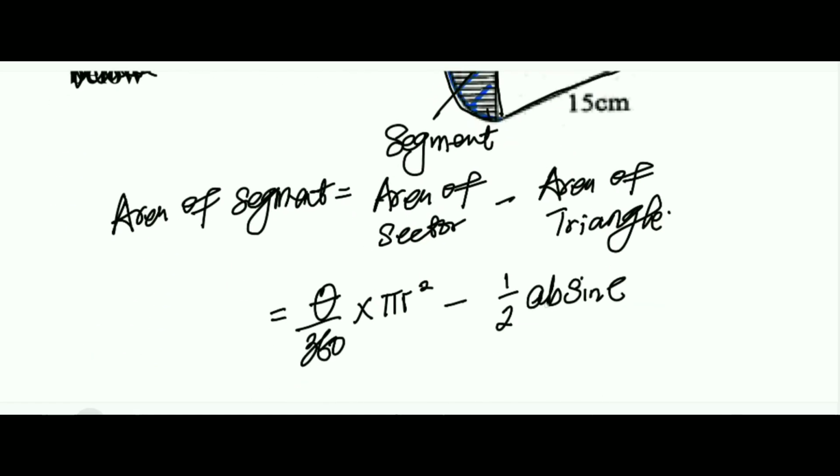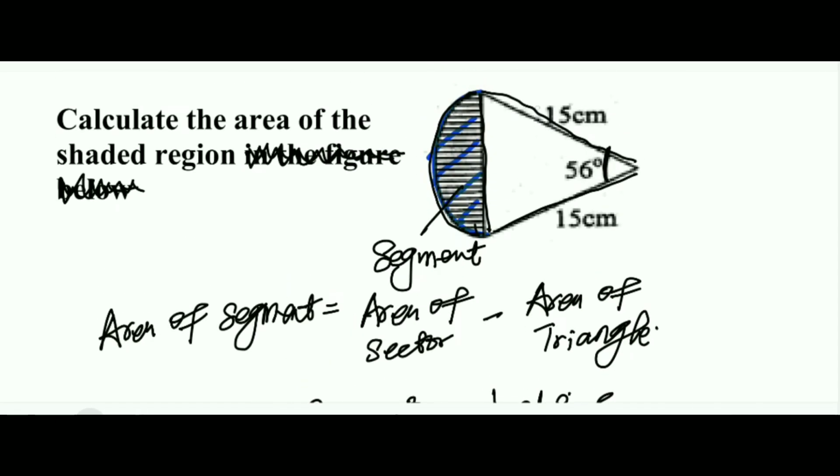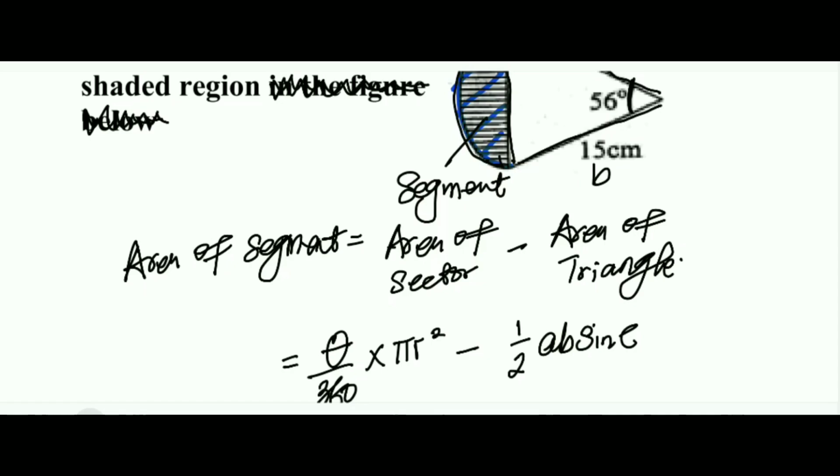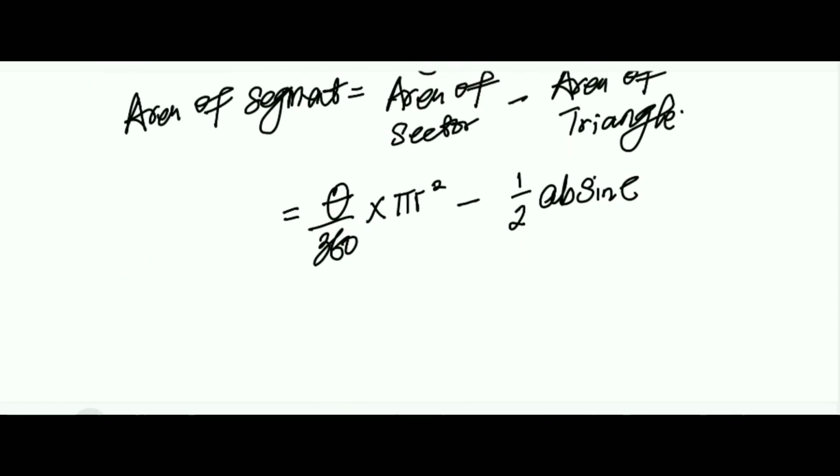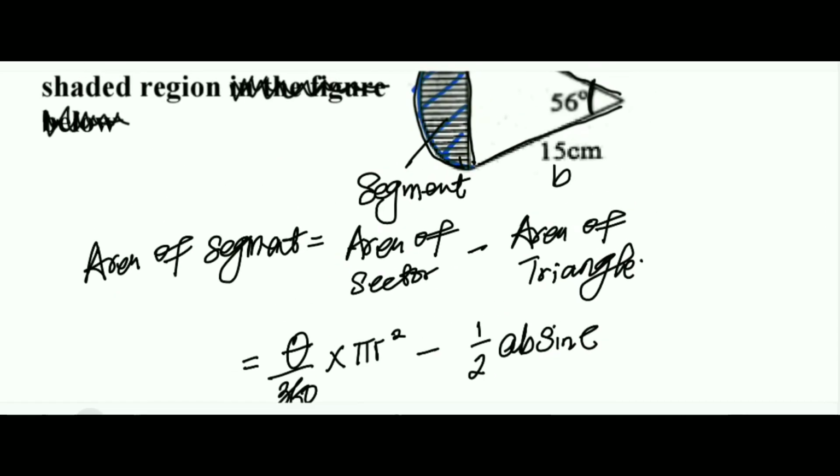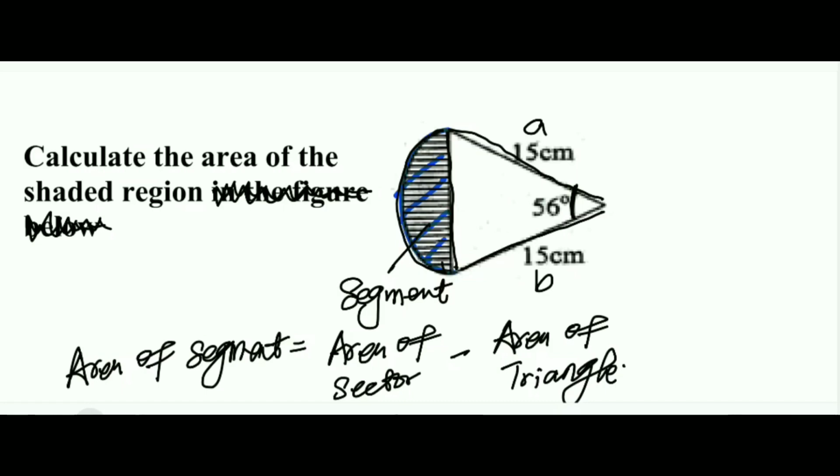So in this case, my a is going to be one of the sides, so I'll call this a and call this b, and my C is 56 degrees. Alright, so let's get back here. Theta is that angle that subtends this arc at the center, and that's 56 degrees.